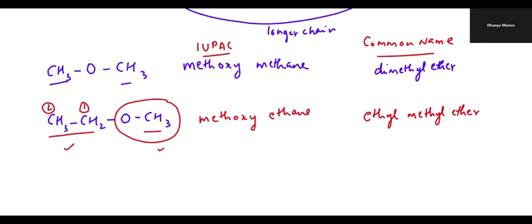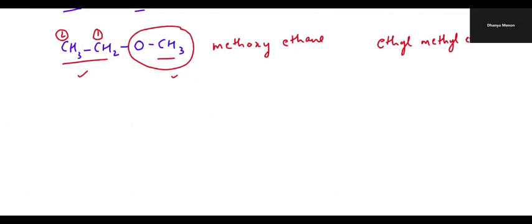Coming to the next example. C2H5, O, C2H5. So both the alkyl groups are the same. So here, ethoxy ethane, both the alkyl groups are the same.